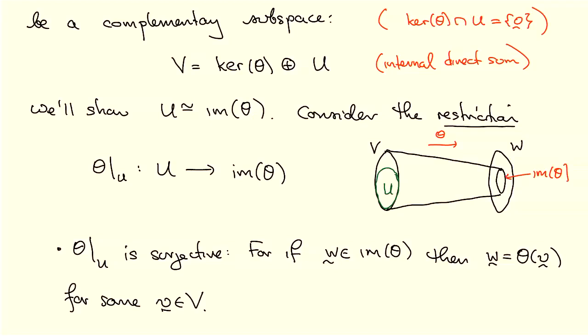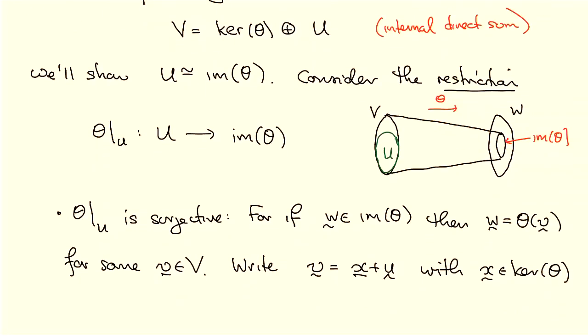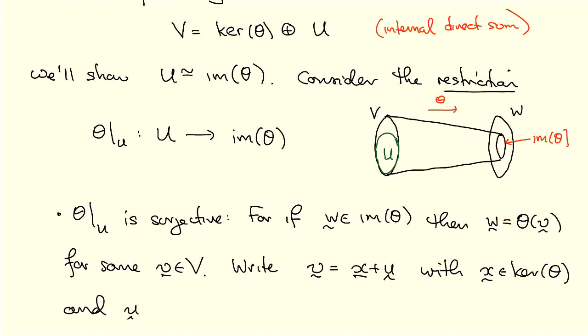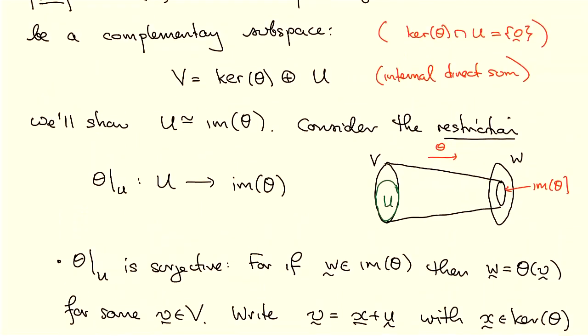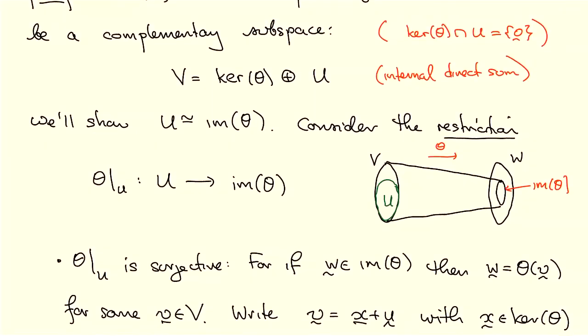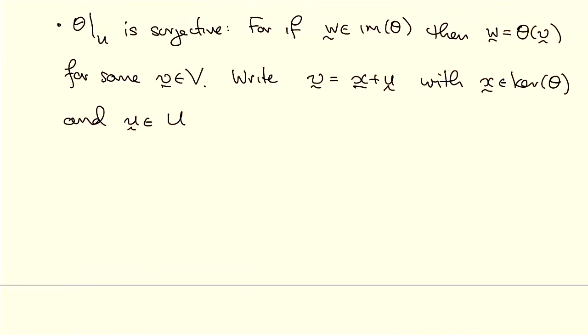And then, natural enough, write v in terms of the internal direct sum, so that's v equals x plus u, with x in the kernel and u in U. All right, so then the point is, what's theta of u?